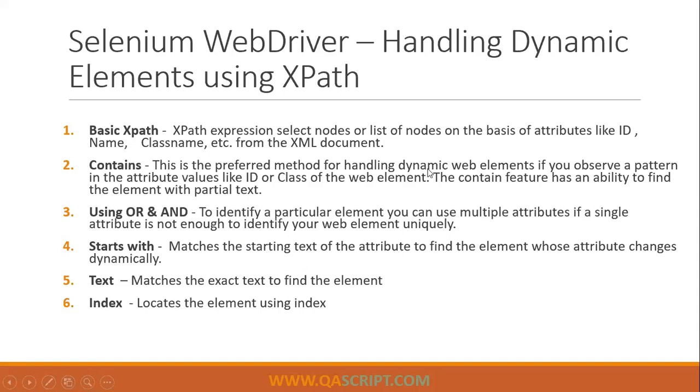Contains will try to find text which is present anywhere, but starts with is something which is present in the beginning of the value, right? So it will always check the elements which have that starts with value at the beginning of whatever text is present. So that's the difference between contains and starts with.